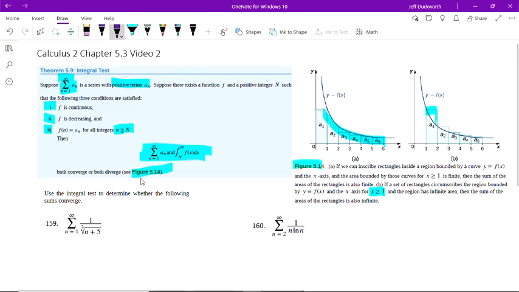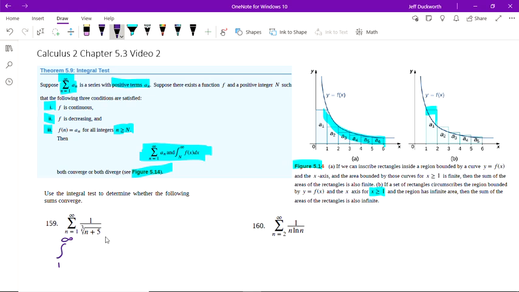So let's try to take a look at these problems using the integral test. Use a couple from your book here. So we want to use the integral test here to determine whether or not problem 159 converges or diverges. All right, so let's take a look at this. So first of all, I'm going to take the integral from 1 to infinity.